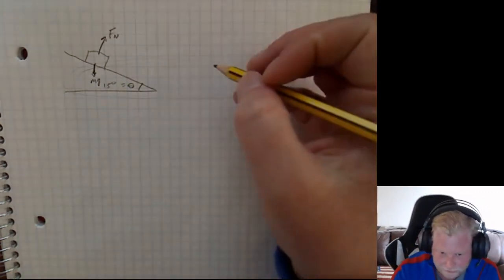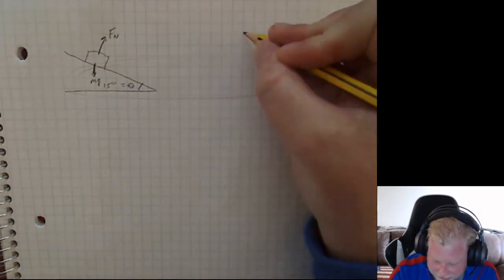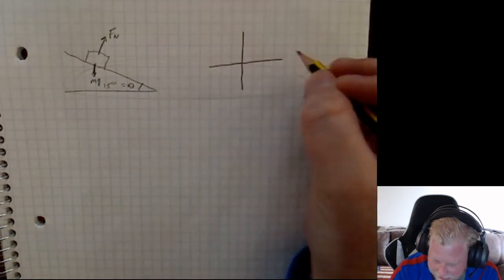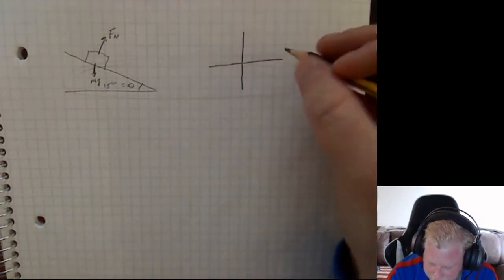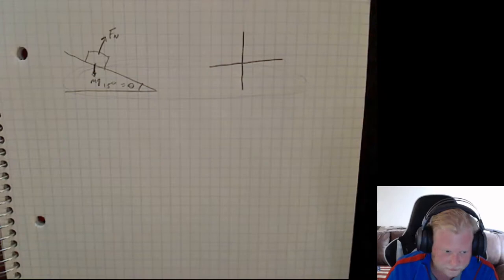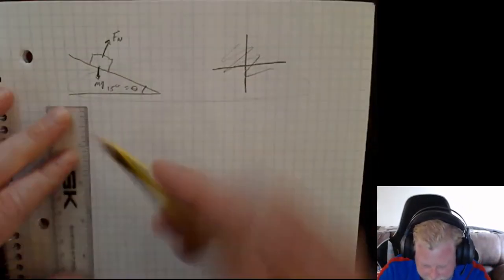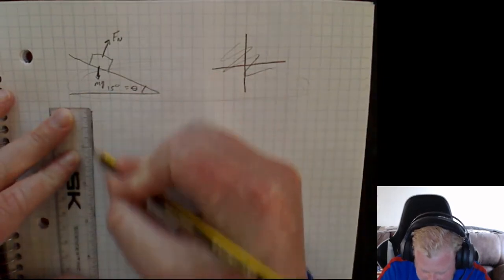So if we just draw it on an axis, we've got our x-axis and our y-axis. Let me use a ruler for that.